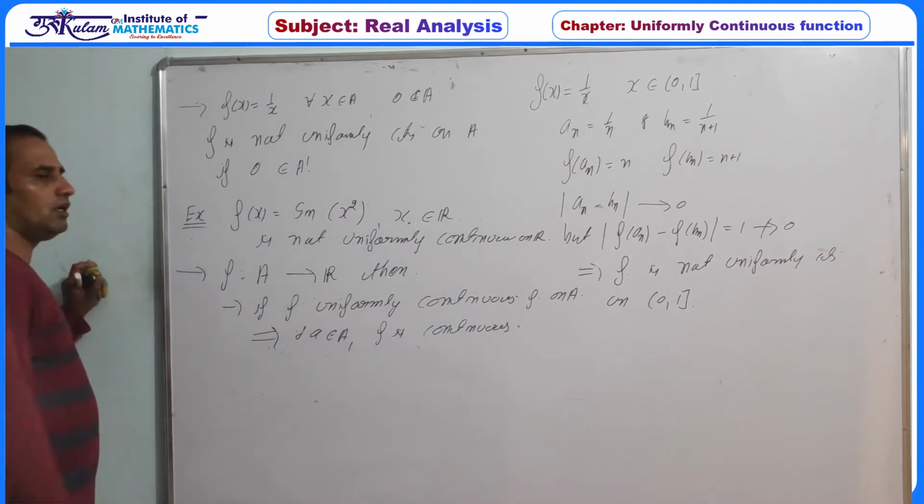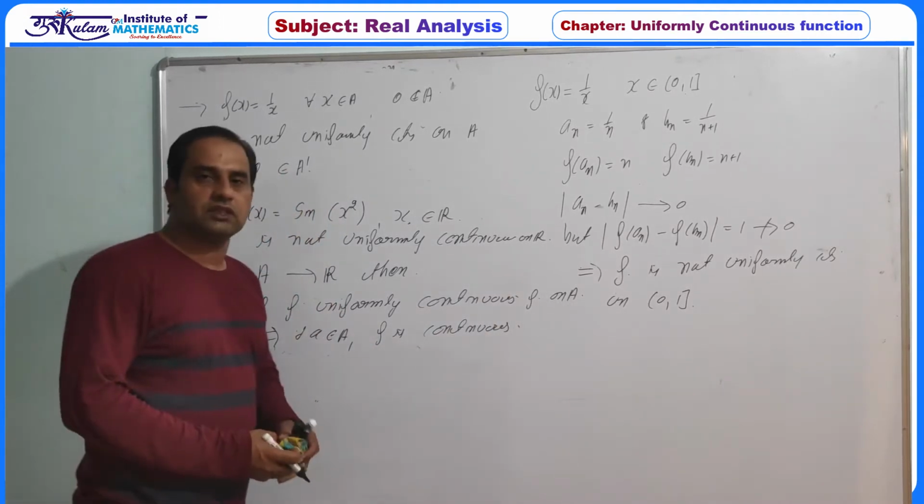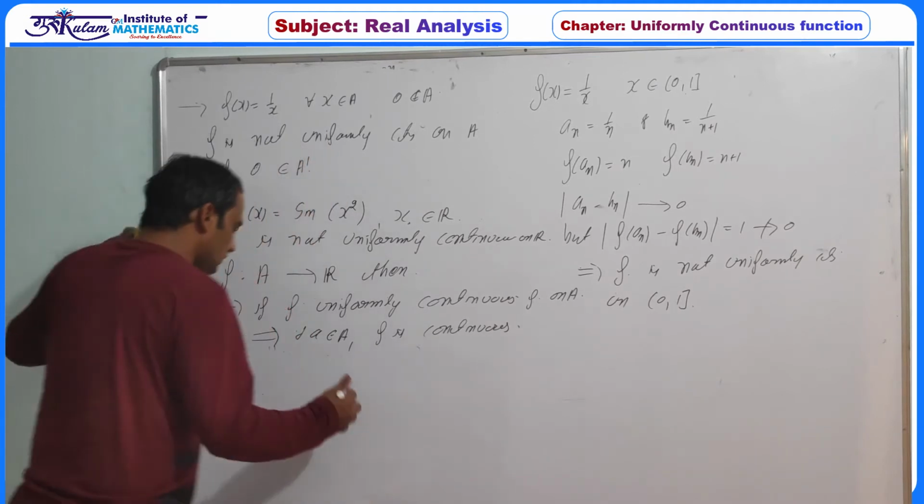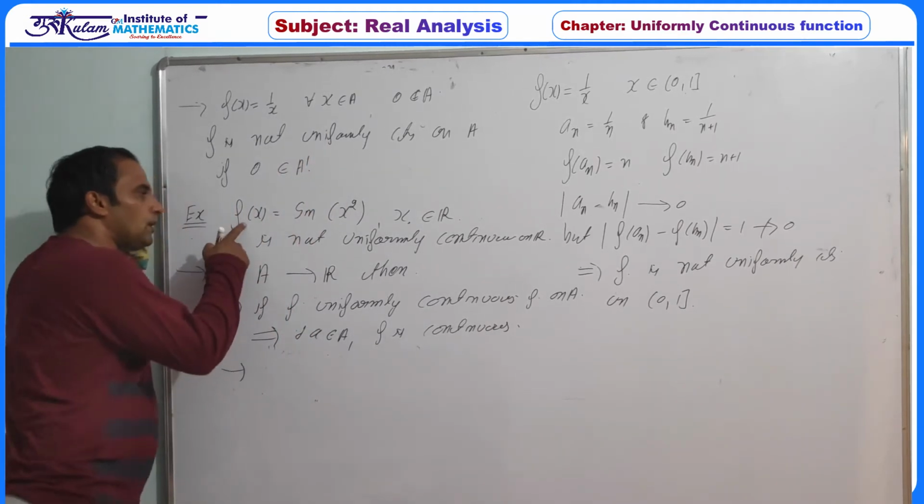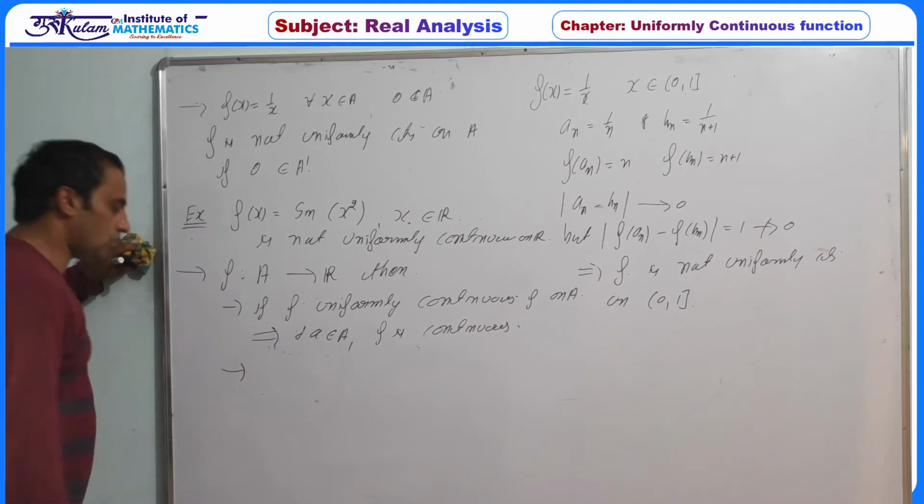By definition, every uniformly continuous function is always a continuous function. But this is an example of a continuous function which is not uniformly continuous.